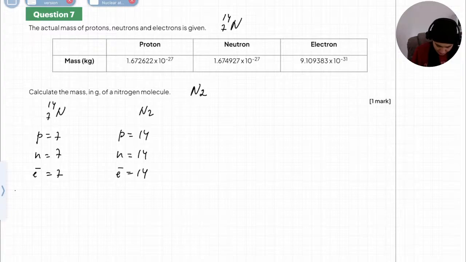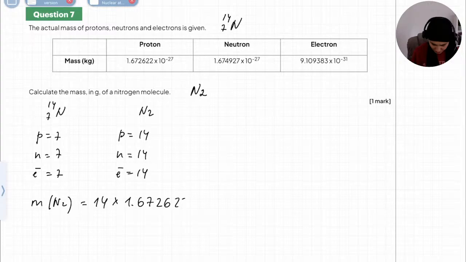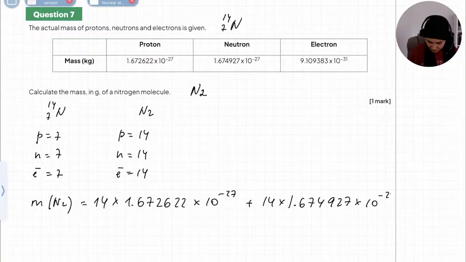Well, let's do it. So the mass of a nitrogen molecule would equal 14 times the mass of 1 proton, 1.672622 times 10 to the minus 27, plus 14 neutrons, almost the same, slightly different, 1.674927 times 10 to the minus 27, plus 14 electrons, 14 times the mass of an electron, 9.109383 times 10 to the minus 31.